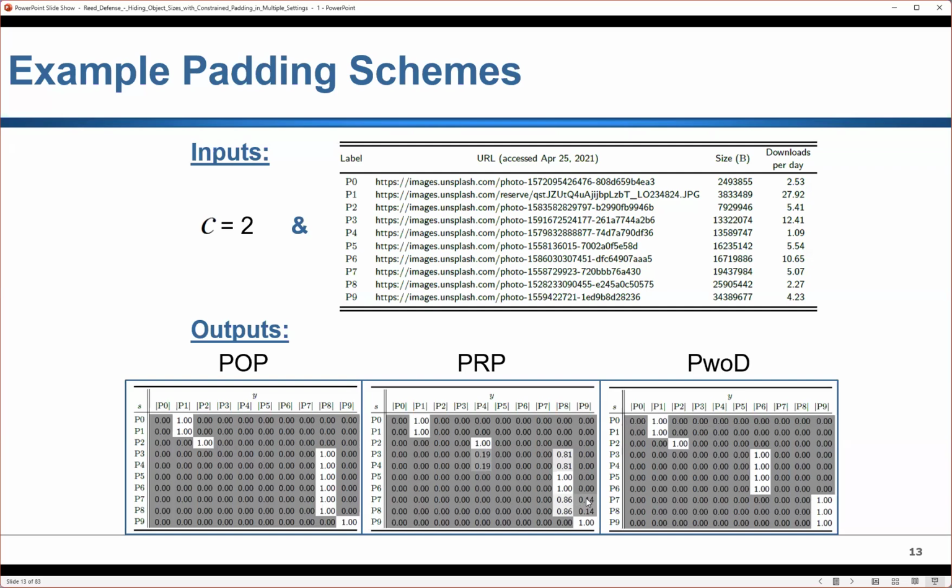There are at least a couple other objects for each size that the request could have been. For instance, if a client were to request picture 3 here, 19% of the time, picture 3 would be padded to the size of picture 4. The other 81% of the time, it would be padded to the size of picture 8.